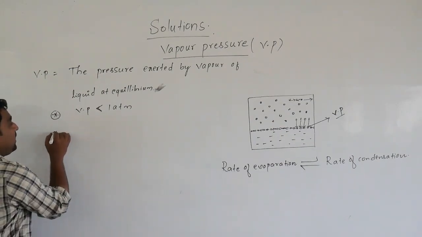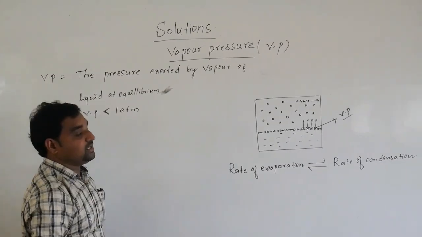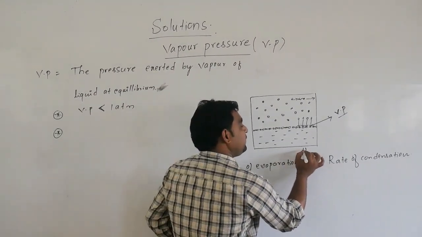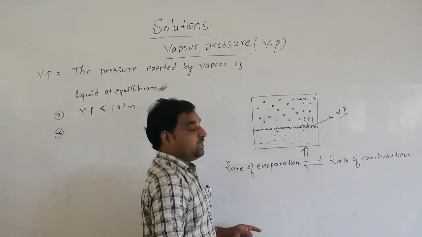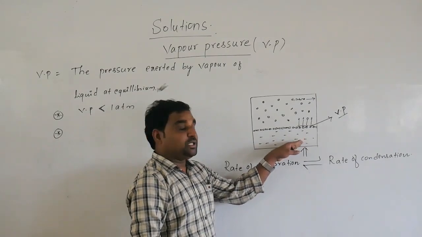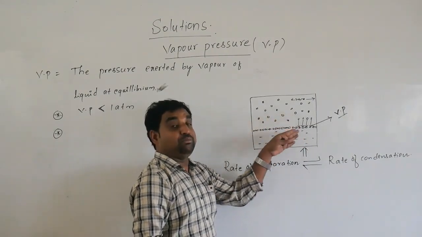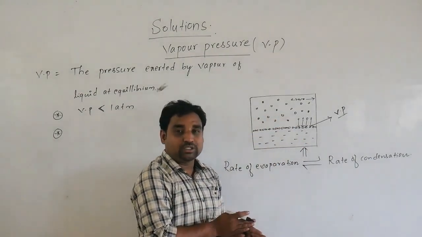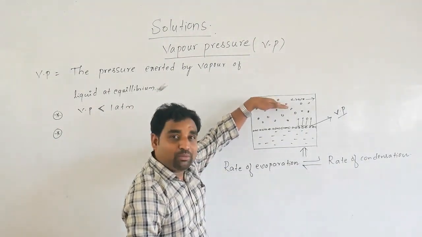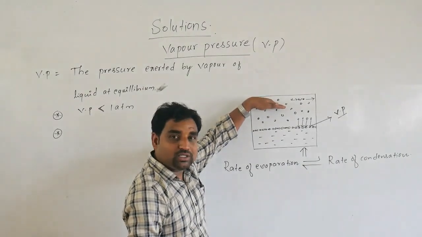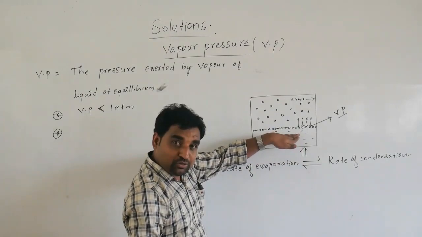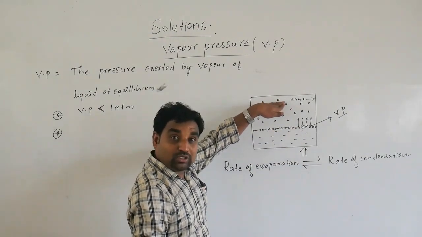So what happens if the temperature increases? Now we will discuss that. If we give heat, the number of molecules escaping from the liquid surface to the vapor phase increases. It means the evaporation process increases, and the number of vapor molecules over the solution also increases.